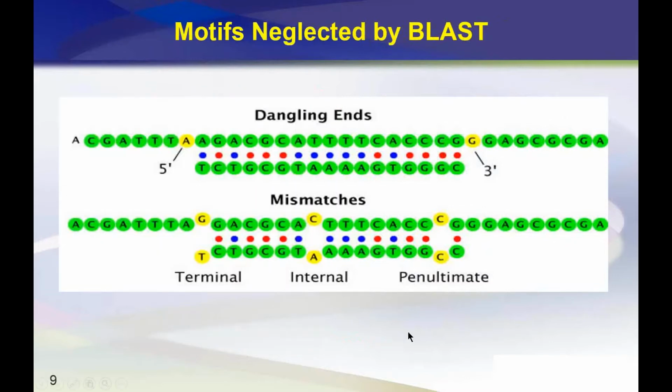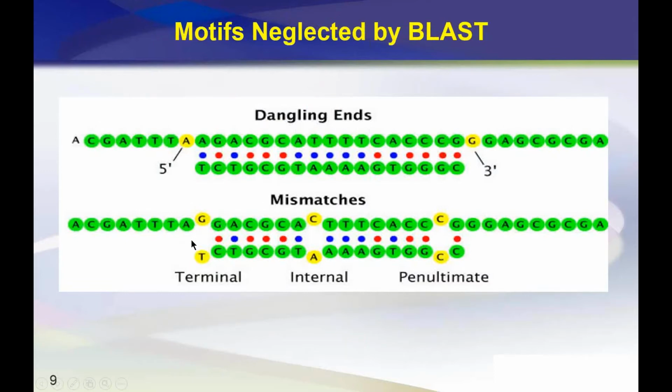All right, so here's an illustration of some of the motifs that are neglected by BLAST. So the dangling end. Here is a short oligonucleotide hybridized to a much longer genomic DNA. And it's not just the pairing regions that matter. These extra dangling ends also make a contribution.